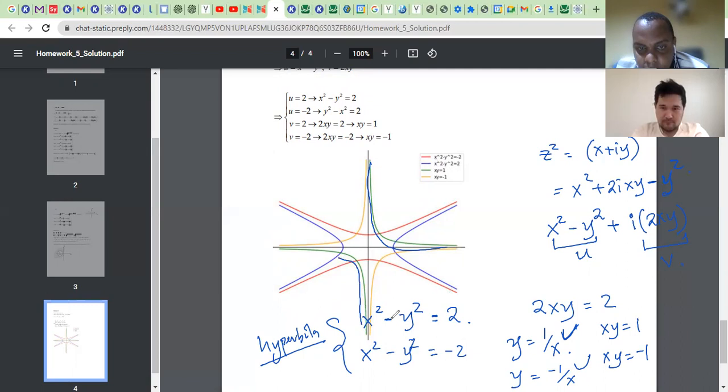And x squared minus y squared is one of these, and the other one is that one. So there you go with the hyperbolas.